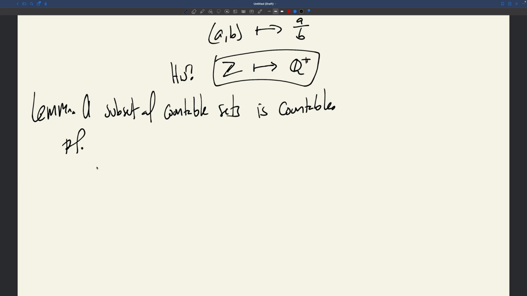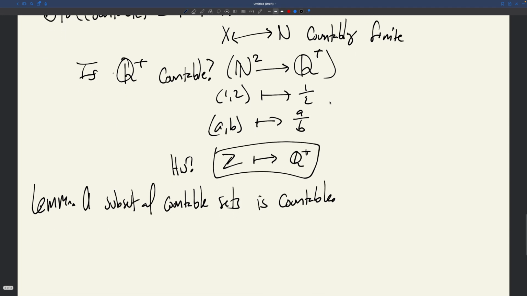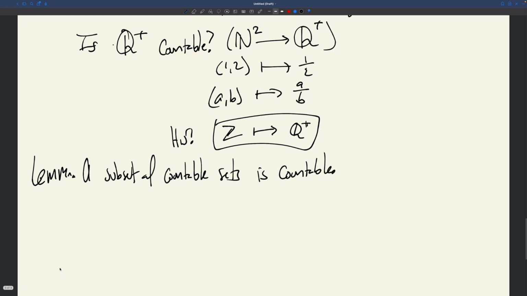I think we just prove this. Guess I don't quite prove the lemma still, but it's not that bad. A subset of countable sets is in fact countable, and you could quite literally just think of this. We'll see this specifically in this theorem.